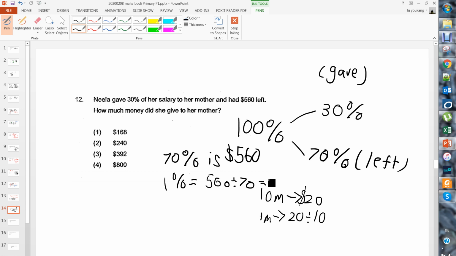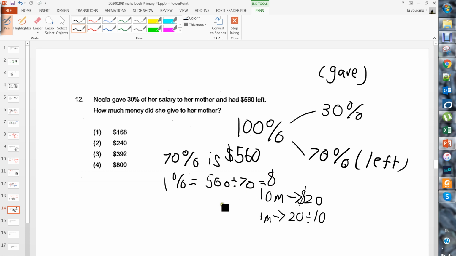Once it drops, I think it will be spoiled. So the answer is 800, unless you put the percentage sign. But without the percentage, it's 8. So 1% is 8. Write down.